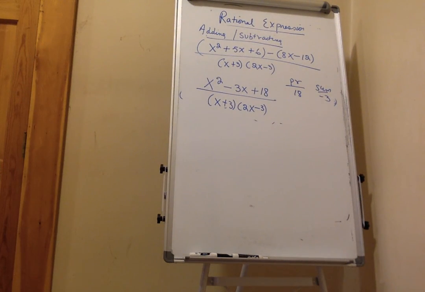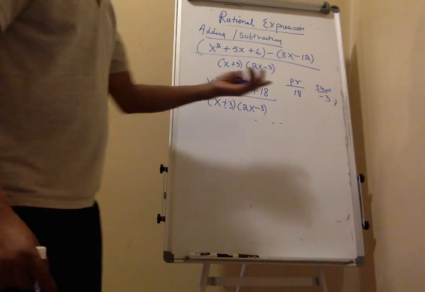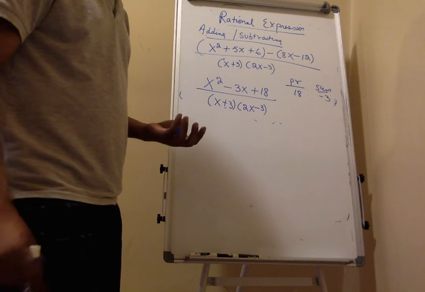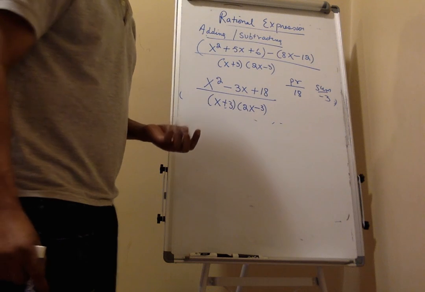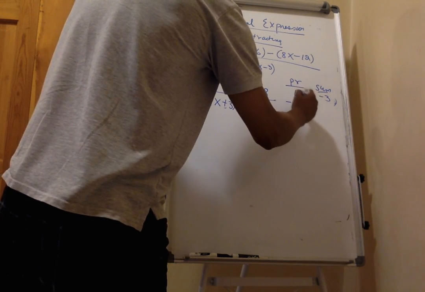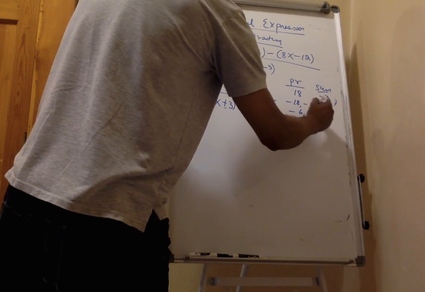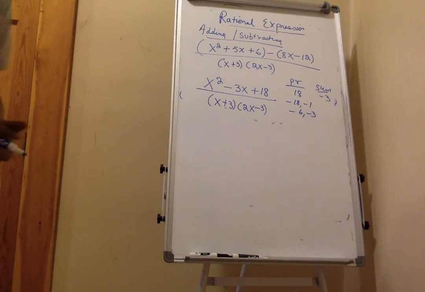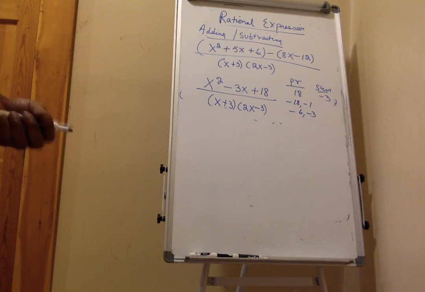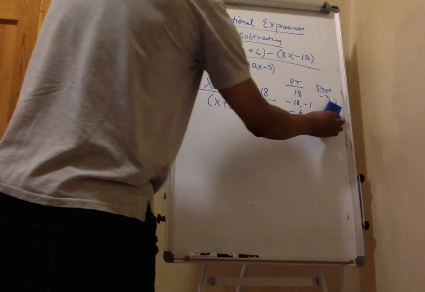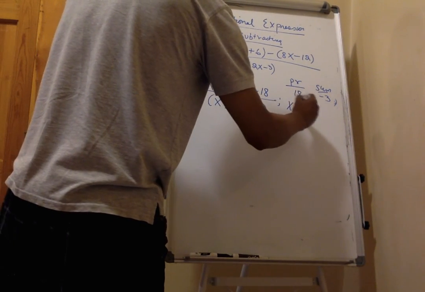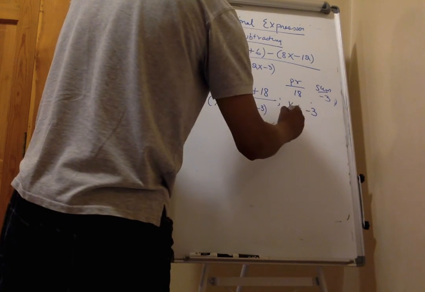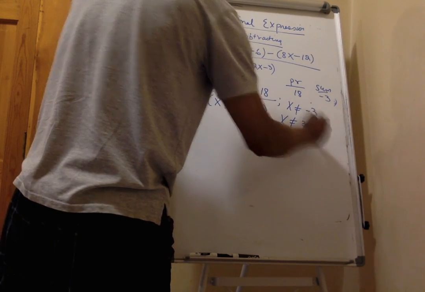We cannot find two factors multiplied that give us positive 18 and add to negative 3, because if the product is positive, either both of them have to be positive or both of them have to be negative, right? So you can have negative 18 and negative 1, negative 6 and negative 3, and you can keep on finding all the possible factors, but you will end up with a prime. So you're going to end up writing x cannot equal negative 3 and x cannot equal 3 over 2, and then move down.